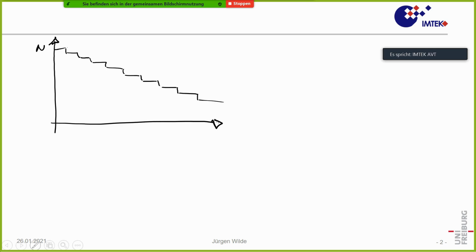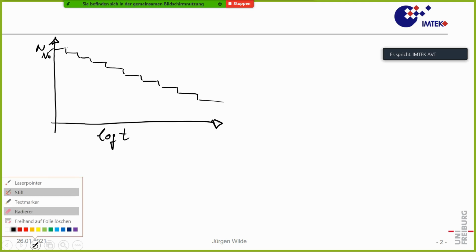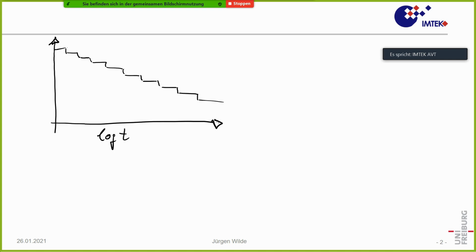So when we call the number of survivors lowercase n, then on that basis we can also describe the different parameters of reliability. So here n is the survivors and capital N is the initial number. So the reliability is now defined as n divided by N.